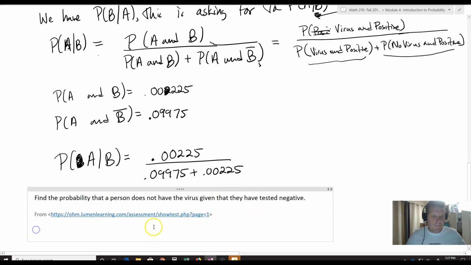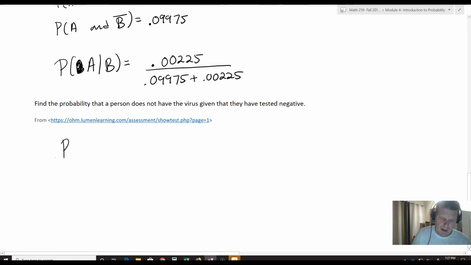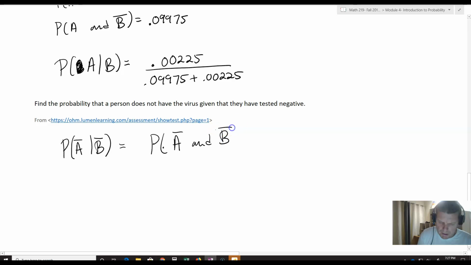Okay. Well, here's what's going to happen. What we want to know is the probability that a person does not have the virus. So that is A complement given B complement, that is, that they tested negative. So that's going to be the probability of A complement and B complement. Notice they match up.